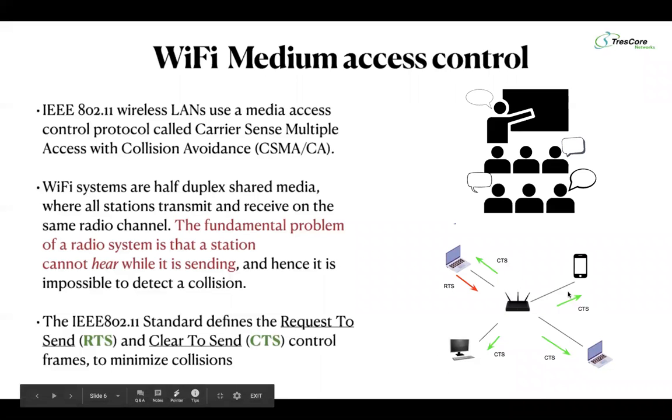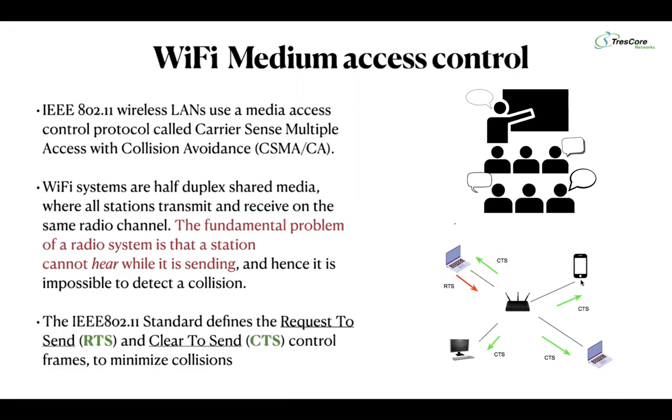Everybody can listen to what is being put on the air, and they know that somebody else is talking, so they should not be talking. In the meantime, they constantly check by sending their own RTS, request to send. Until the access point says you are clear to send, that device just keeps quiet and keeps retrying. Just imagine a school classroom setup as an analogy for media access control. Okay.